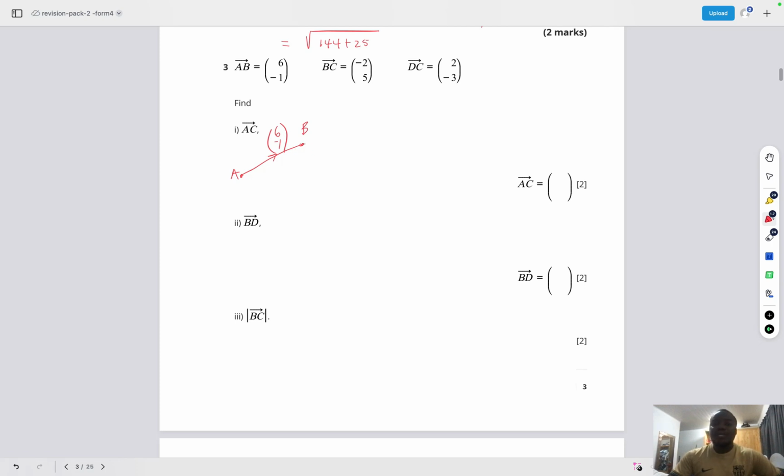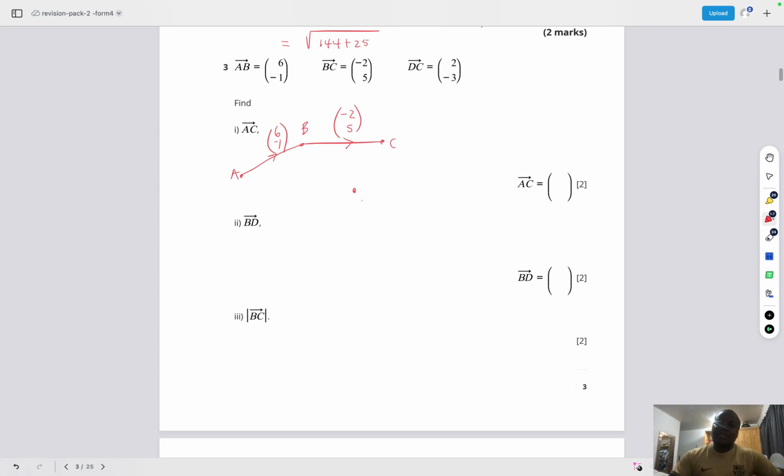And then from B to C, we are told that we have negative 2 and 5. Okay, the direction is that. And we are told that we've got a point D somewhere. So let's say the point D is somewhere here. I'm not saying the shape should have come out like this on the Cartesian plane. This is just for direction purposes.